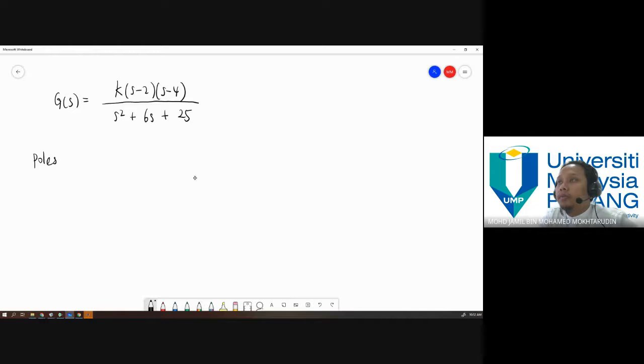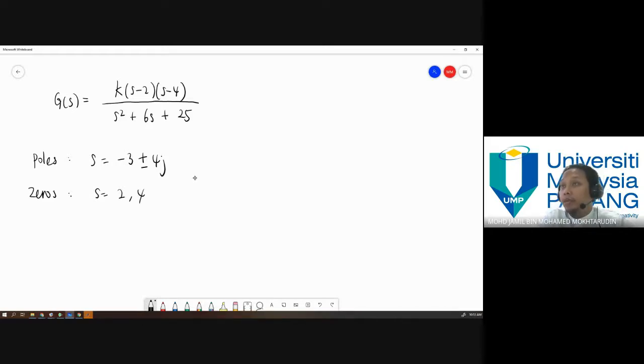So we have a quadratic equation here. You can use your calculator. So we get poles equals minus 3 plus minus 4j, and then zeros, s equals 2 and 4.